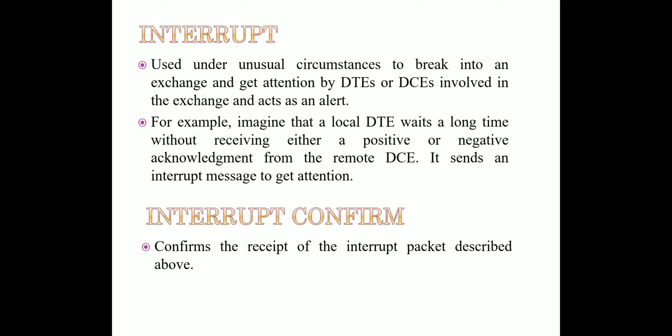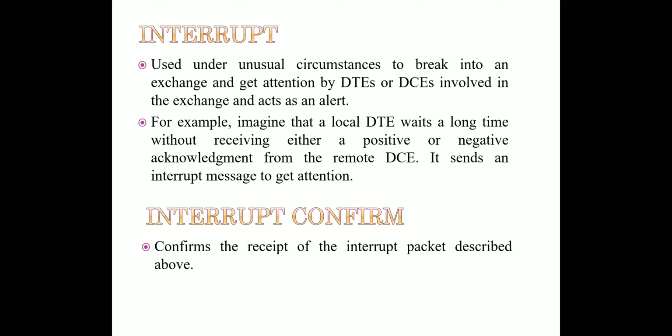Next is interrupt. Now interrupt is a very important packet. It is used under unusual circumstances. So for example, the local DTE is waiting for an acknowledgement from the remote DTE, and it has sent all those packets, the window is exhausted, and it is waiting for the response from the remote DTE.